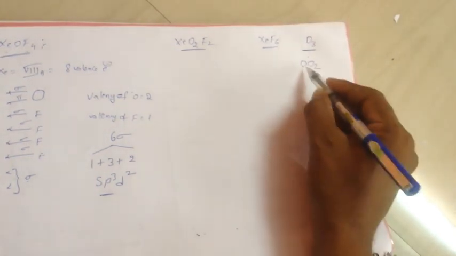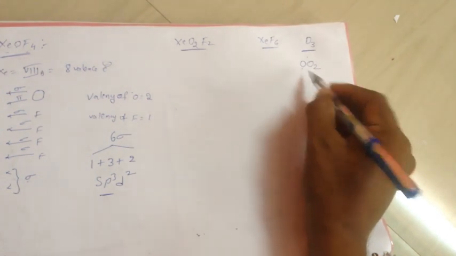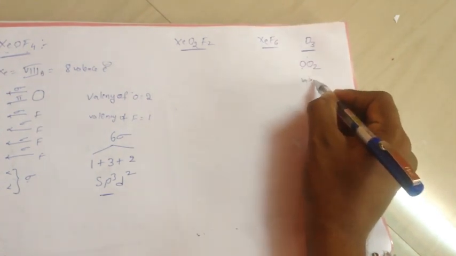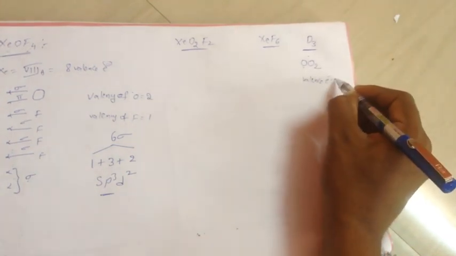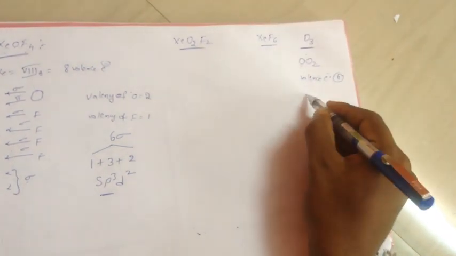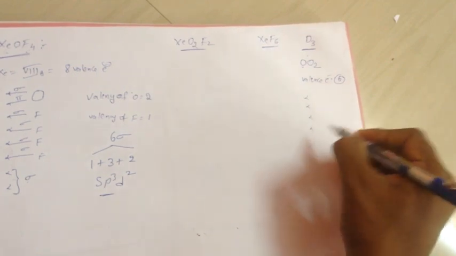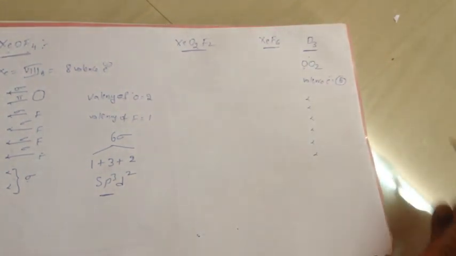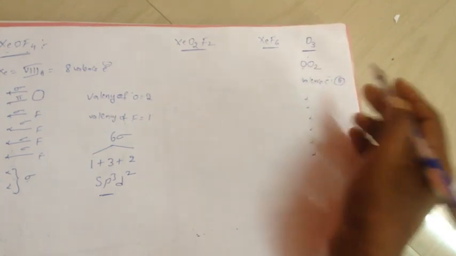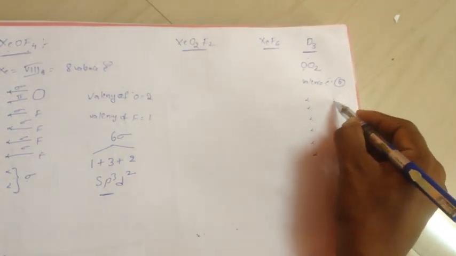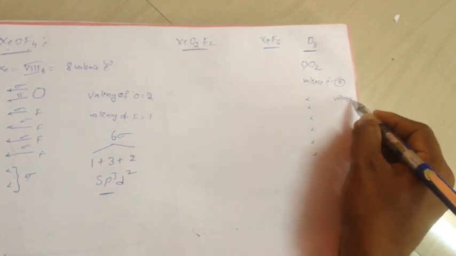Now the process is the same. How many valence electrons are in oxygen? There are 6 valence electrons, right? 1, 2, 3, 4, 5, 6 valence electrons. Next step is which atom is attached to that oxygen? Again oxygen is attached. So what is the valency of oxygen? Valency of oxygen is 2.